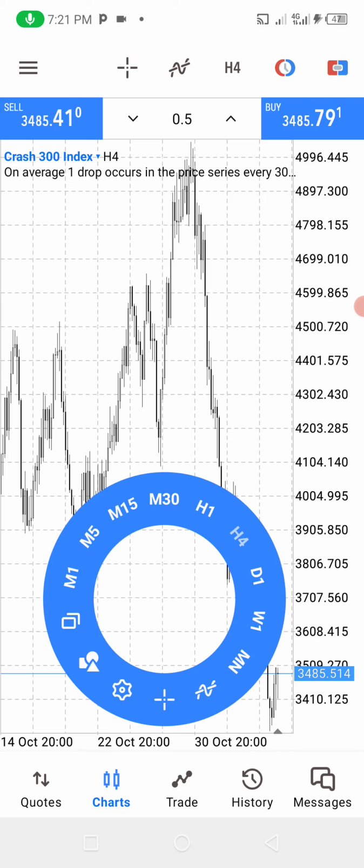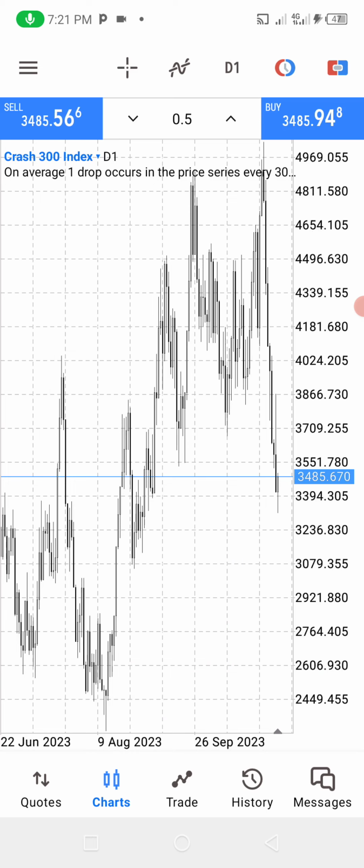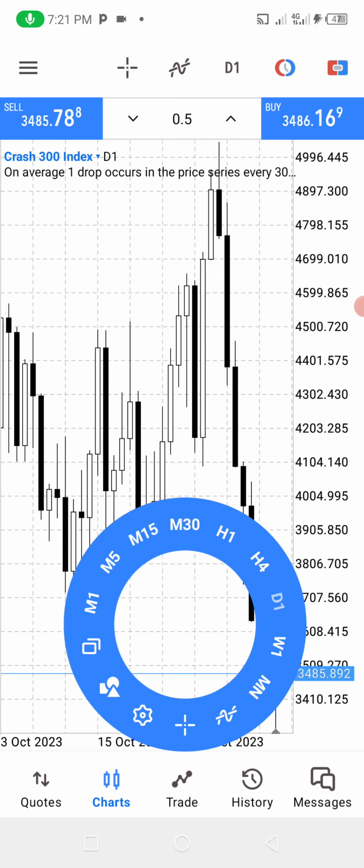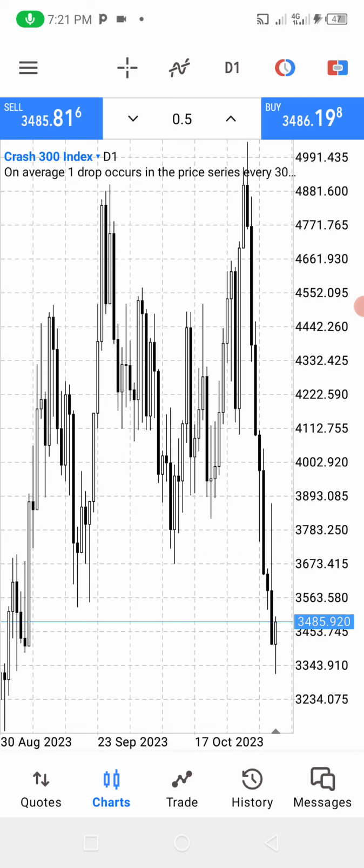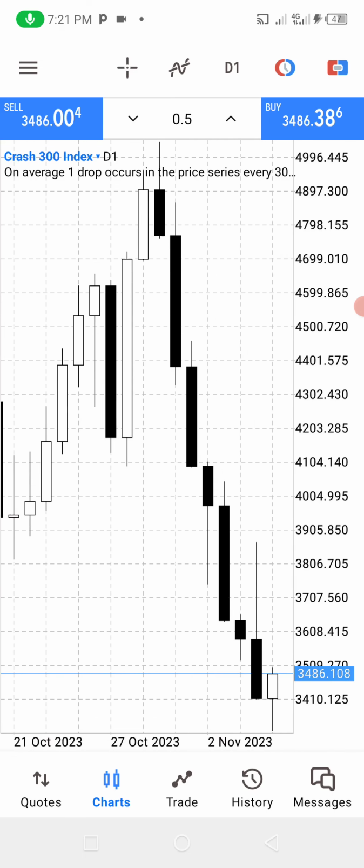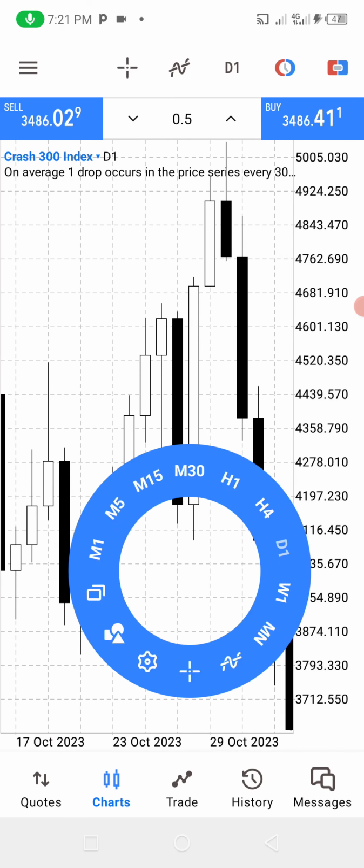So in how many ways can we get a signal in the daily time frame? I think one of the ways is, first of all, to confirm that in the daily time frame the market is breaking level to the upside. Then when you confirm that, you're looking for a bullish candle to open.